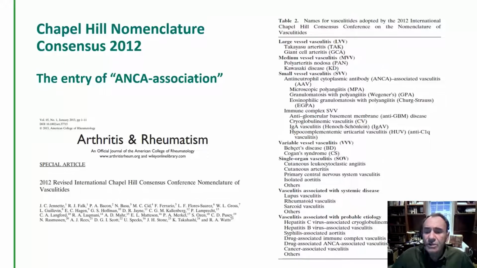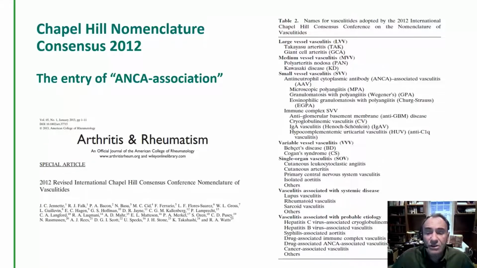And they split up the small vessel vasculitis category into ANCA associated, which included microscopic polyangiitis, now known as MPA, granulomatosis with polyangiitis, what was Wegener's, so we refer to that as GPA, and then in an effort to get a pathophysiologic description, Churg-Strauss is now being called eosinophilic granulomatosis with polyangiitis.